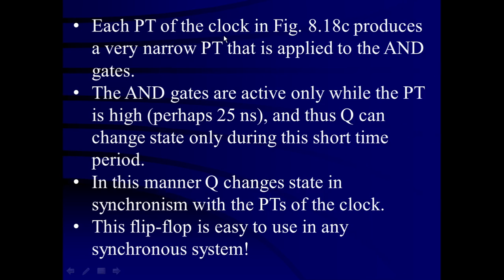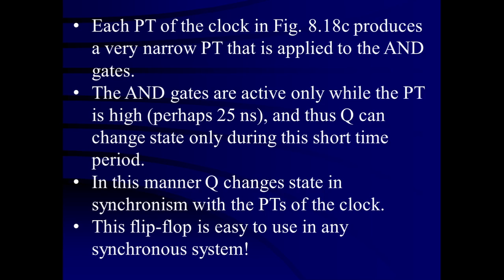Each positive transition of the clock in figure 8.18c produces a very narrow positive pulse that is applied to the AND gate. The AND gates are active or enabled only while the positive transition is taking place, or the positive transition is going to be high. This duration may be around 25 nanoseconds only, and thus you can change the state only during this short time period.